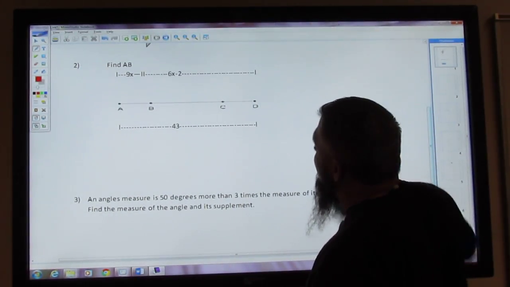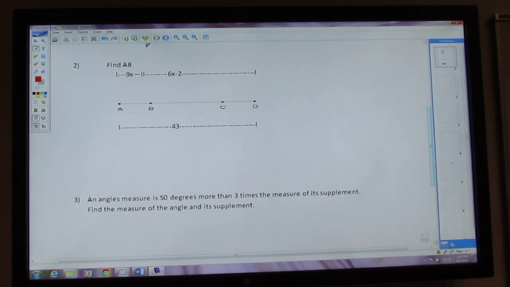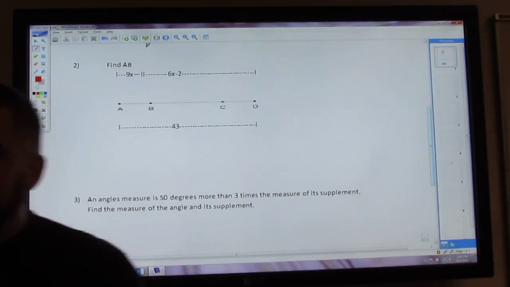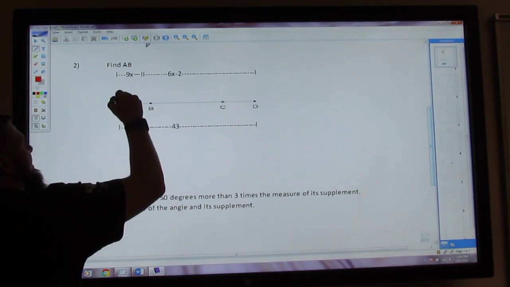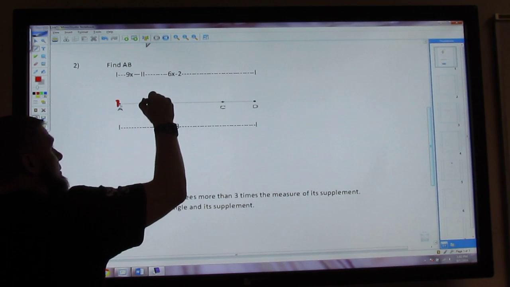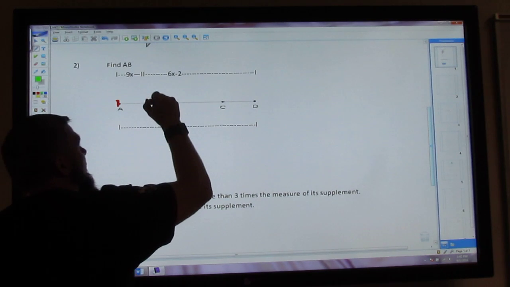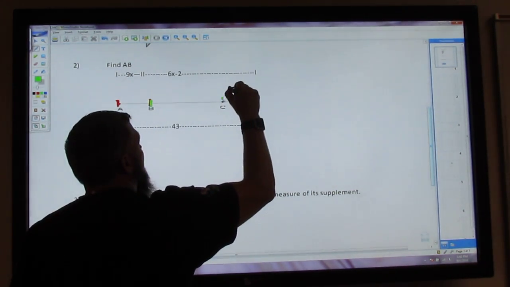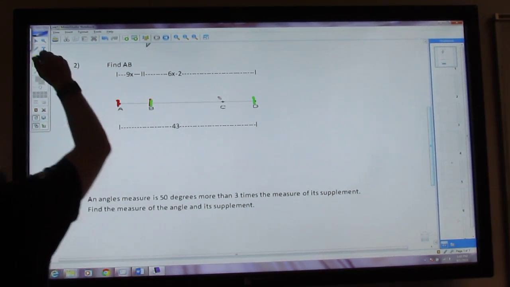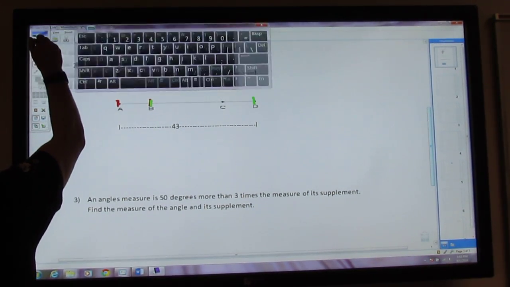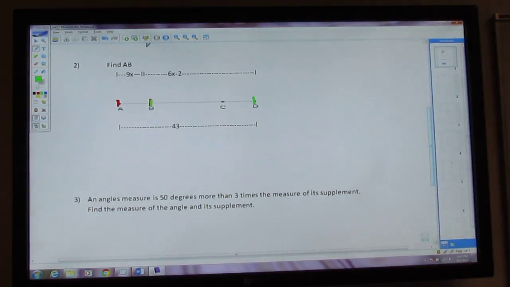Alright, so, the next problem, number 2. What are we doing? This is called the segment addition postulate. It's really simple. We're just saying that this segment right here, plus this segment right here, plus that segment right there.